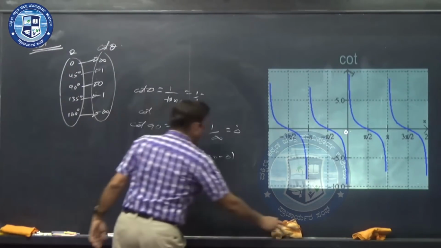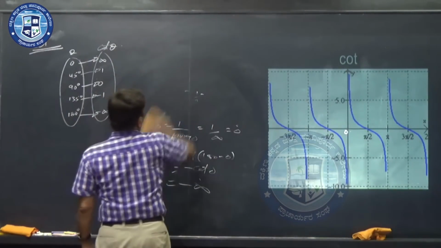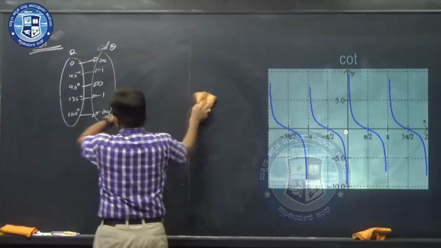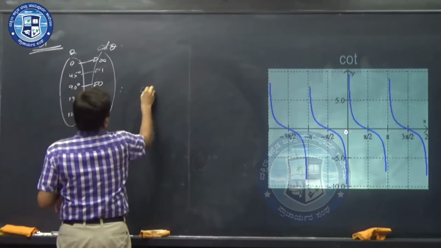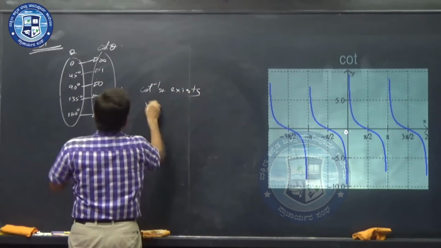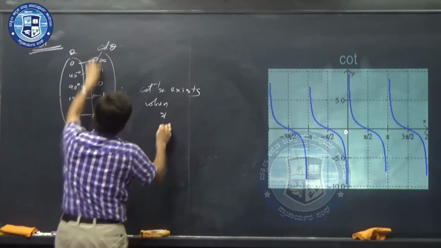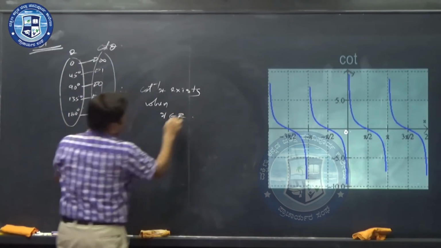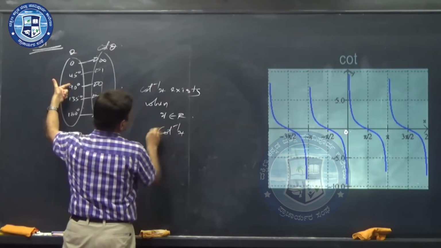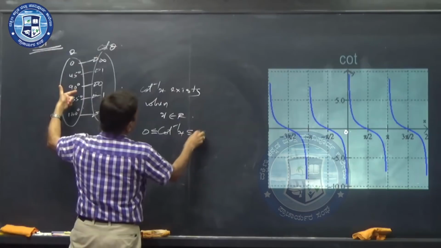So, hence you need to consider this particular curve for the inverse trigonometric function, not between minus pi by 2 to plus pi by 2. Therefore, cot inverse x exists when x is any real number. Look at this, x is any real number, and cot inverse x exists between 0 and pi.